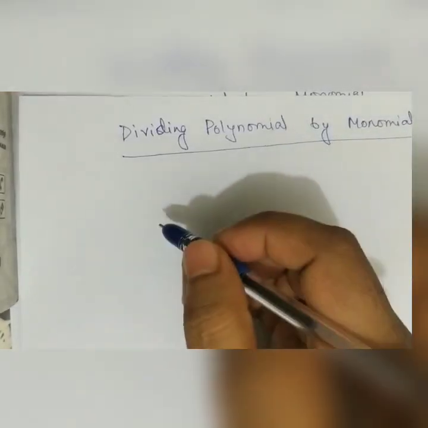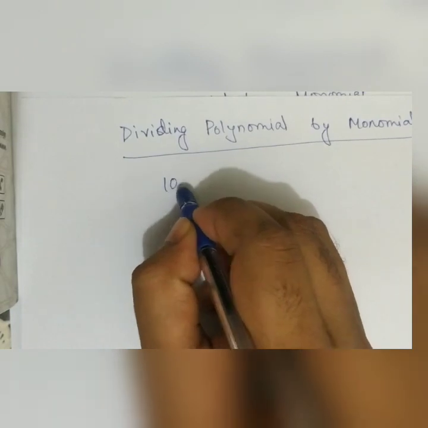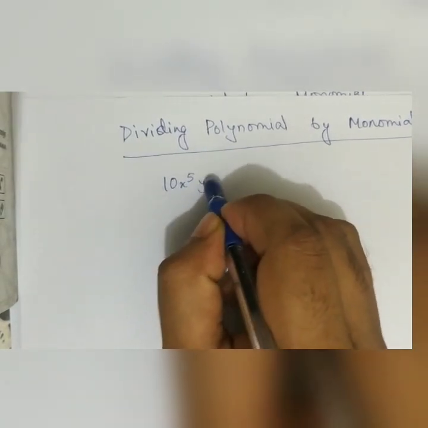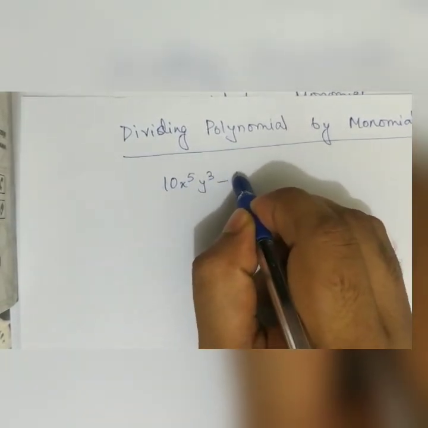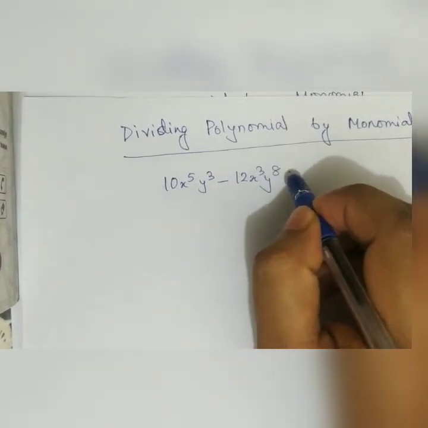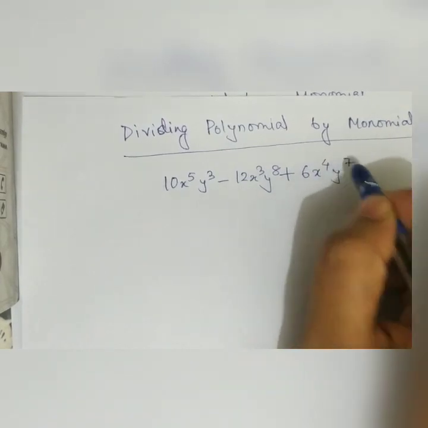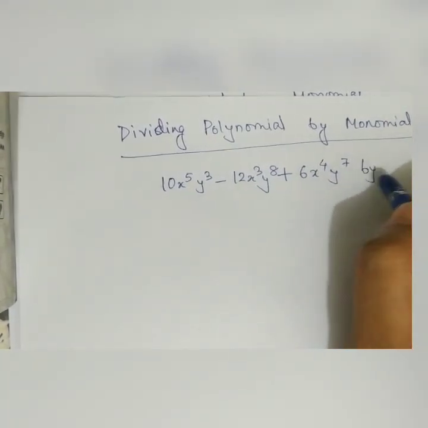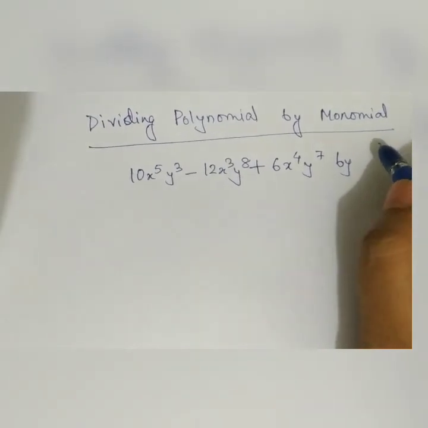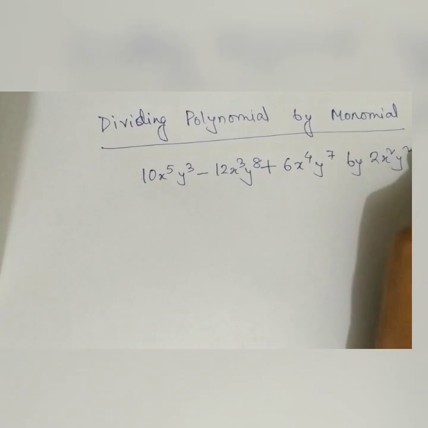Let's give an example. 10x^5 y cube minus 12x cube y to the power 8 plus 6x^4 y^7 by 2x square y square.